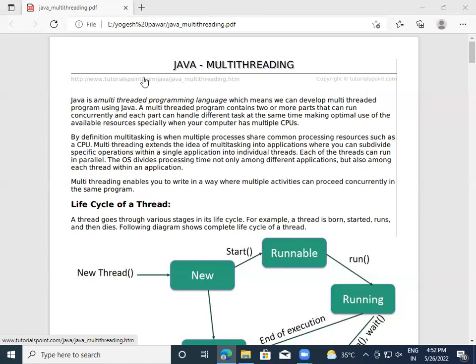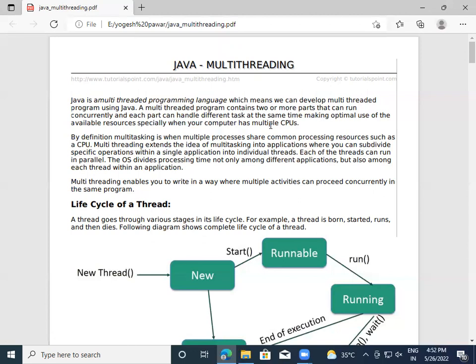Java is a multi-threaded programming language, which means we can develop multi-threaded programs using Java. A multi-threaded program contains 2 or more parts that can run concurrently, and each part can handle different tasks at the same time, making optimal use of available resources, especially when your computer has multiple CPUs.